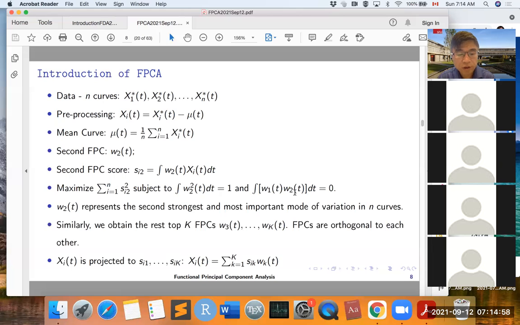And then xi(t) is projected to the FPC scores Si1 to SiK. Also we can write the curve xi(t) as a linear combination of these FPCs Wk(t), and the coefficients will be the FPC scores Sik.